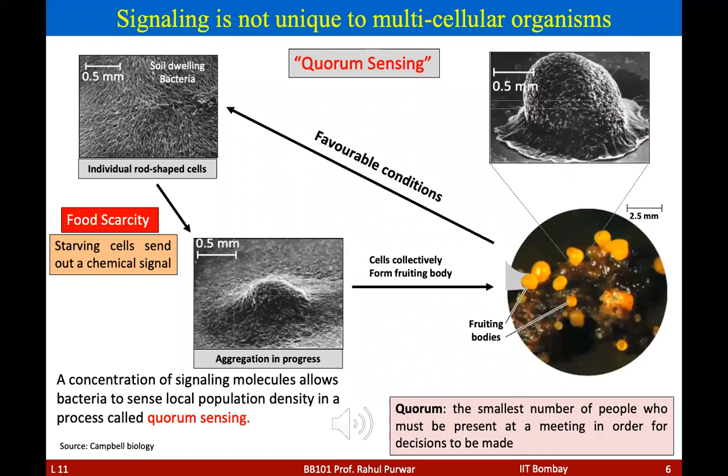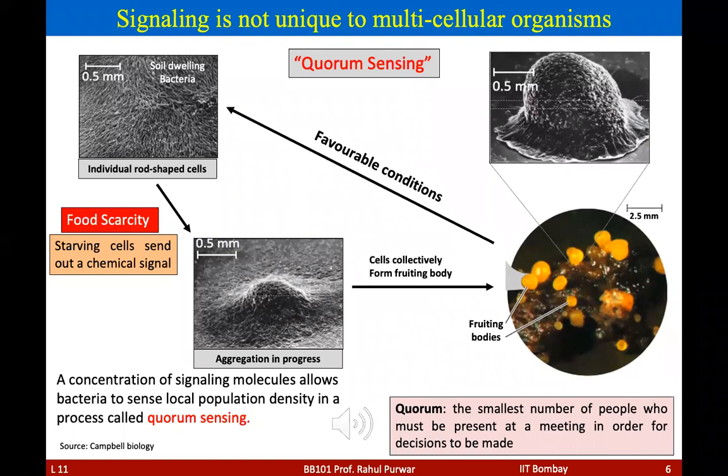So there are multiple ways. Even at the single cellular level, different types of microorganisms which are just single cells, for example bacteria, also communicate with each other. So signaling is not unique to multicellular organisms. Here is one good example of these rod-shaped cells.